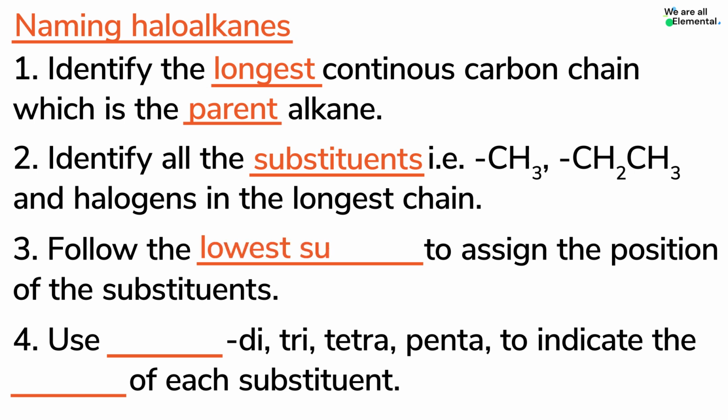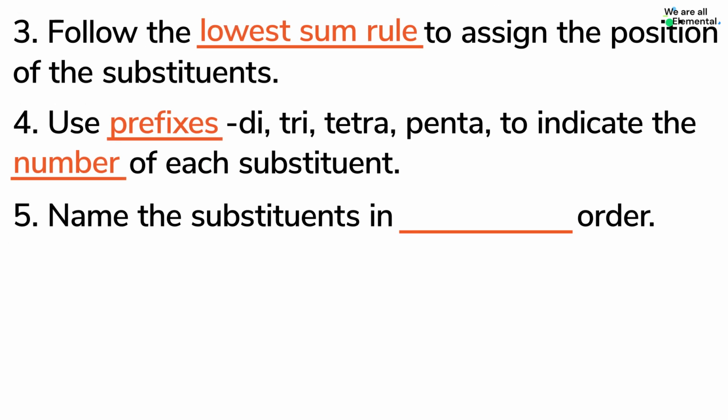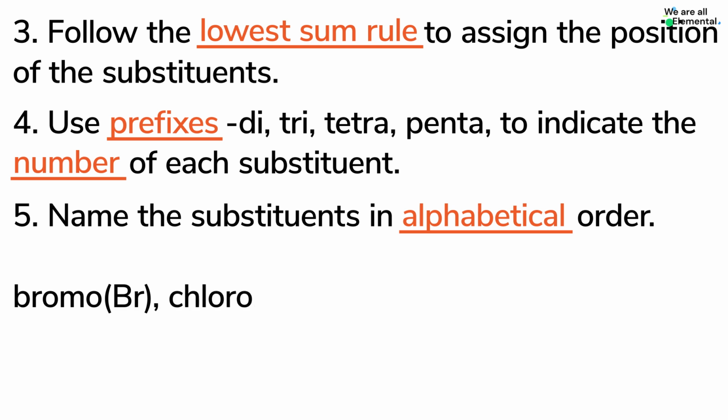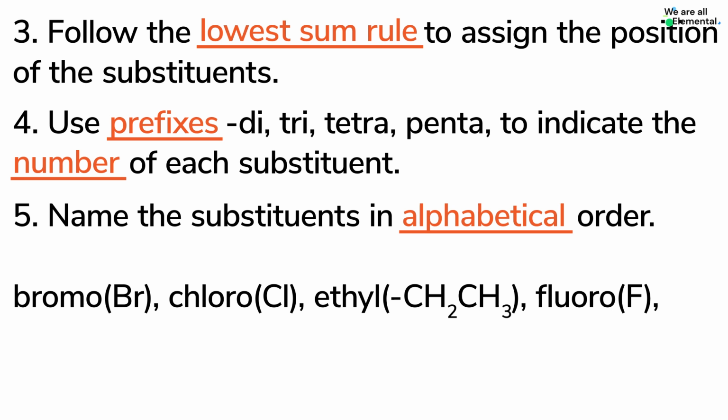Then follow the lowest sum rule to assign positions of the substituents. Use prefixes di, tri, tetra, penta to indicate the number of each substituent. Name the substituents in alphabetical order. So bromo would come first, then chloro, then ethyl, fluoro, iodo, and methyl.